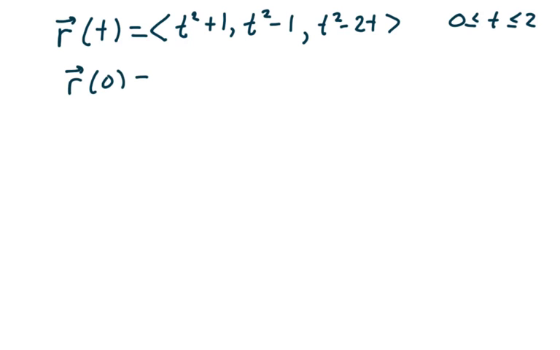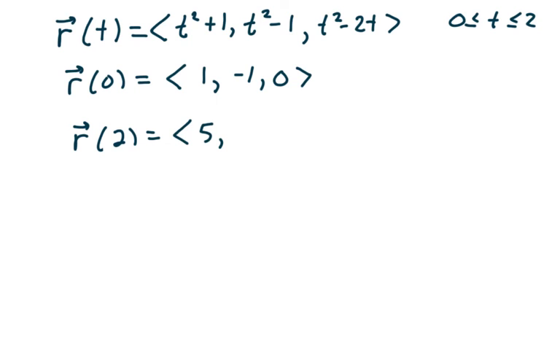So r of 0 is 1, negative 1, 0. R of 2 is 5, 3, and then 2 squared is 4, 2 times 2 is 4, so it looks like we're going to come up with 0, right?